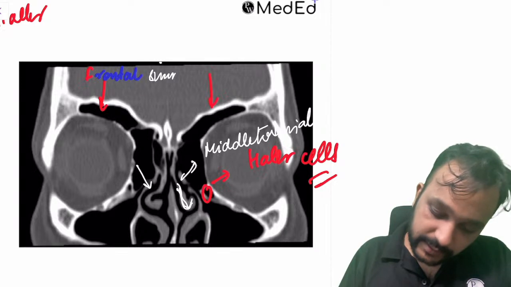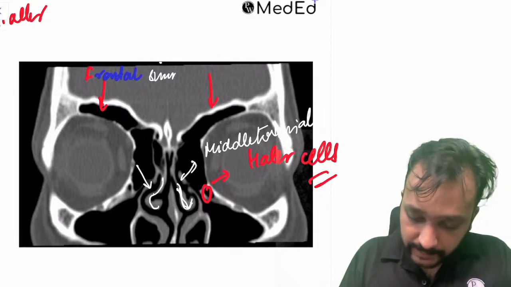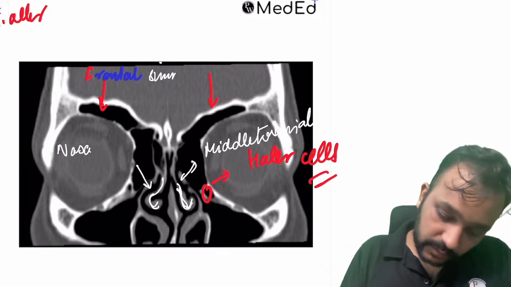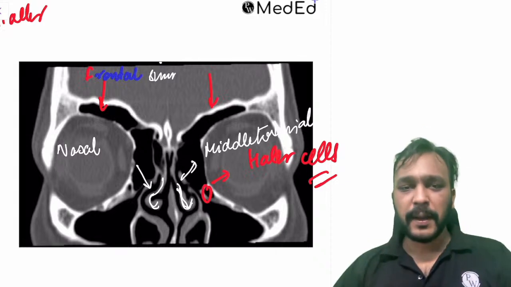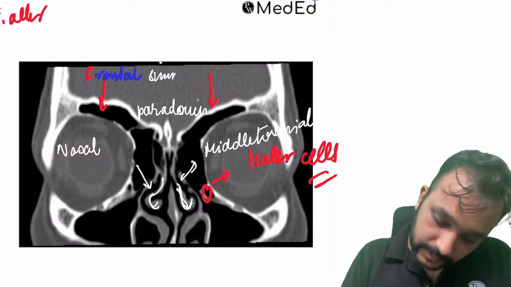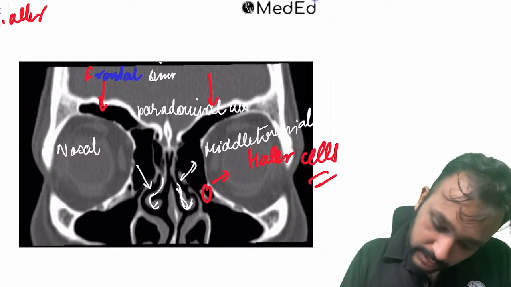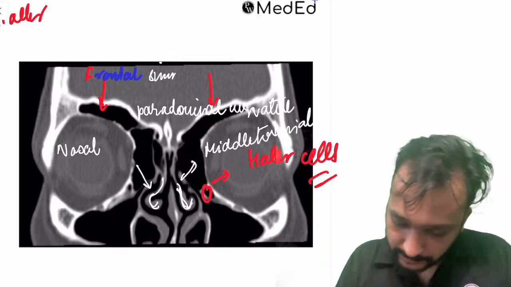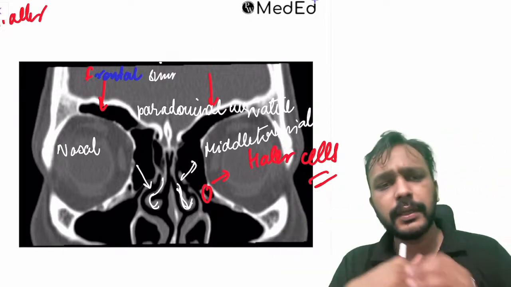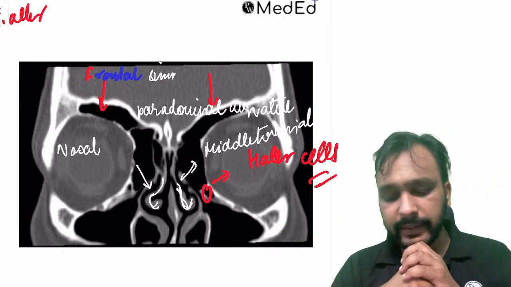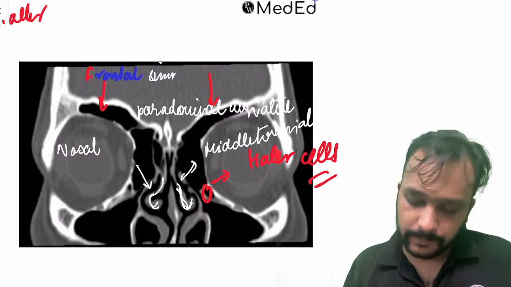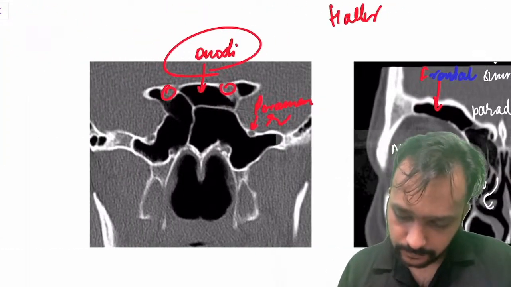But here in this image we can see that this middle turbinate is curving towards the nasal septum. So when this happens, this is a case of paradoxical curvature of the middle turbinate, right? And the maxillary sinus, then your frontal sinus, anterior ethmoidal air cells, all these are going to open into the middle meatus, right?